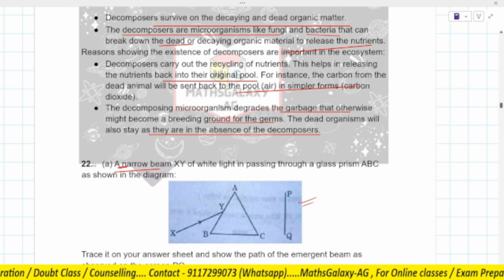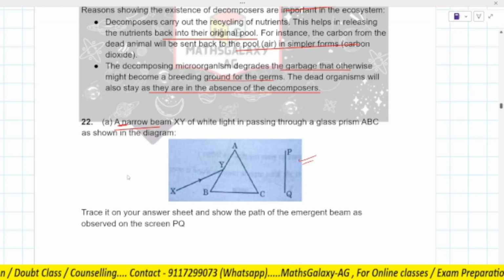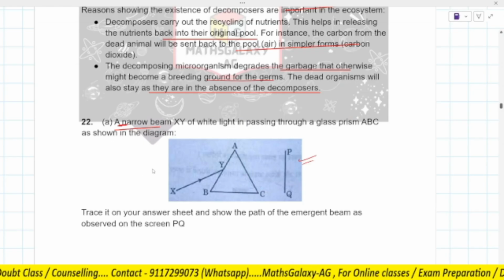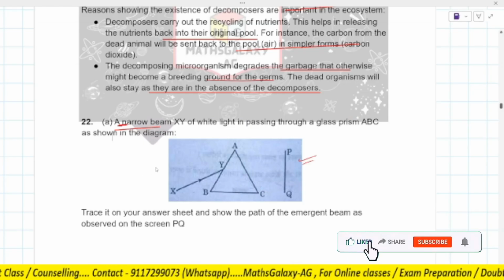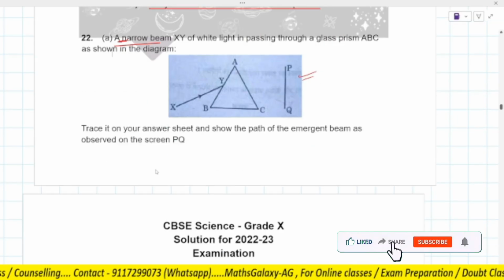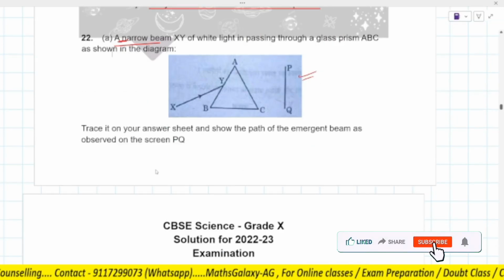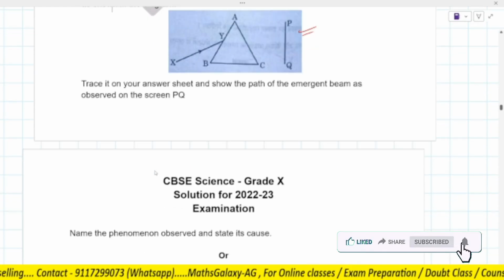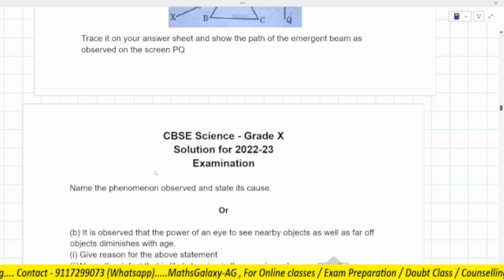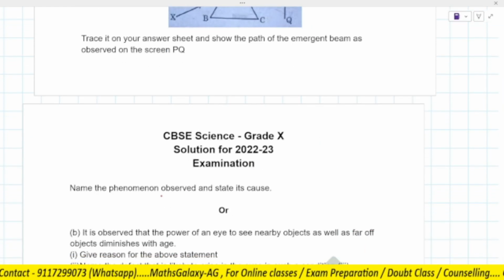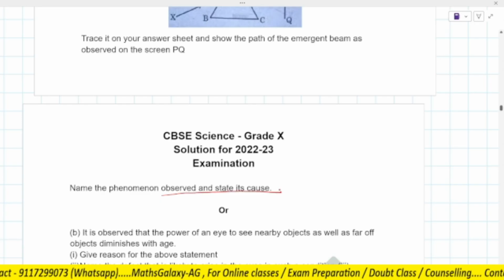Trace it on your answer sheet and show the path of the emergent beam as observed on the screen PQ. So can you do it now? It's too simple. See here, the name of the phenomenon observed here and state its cause.